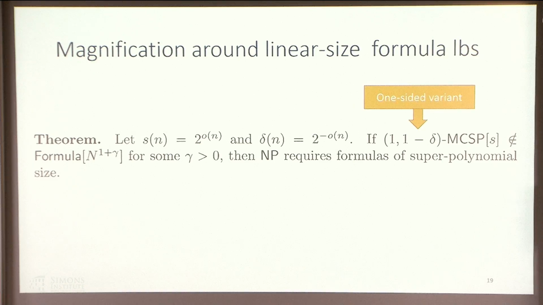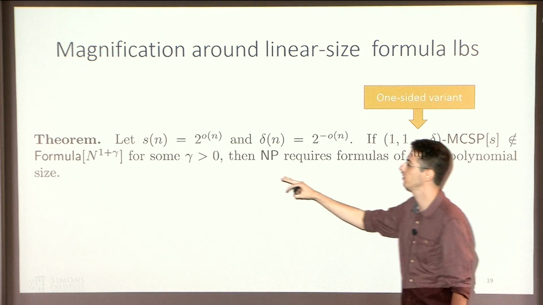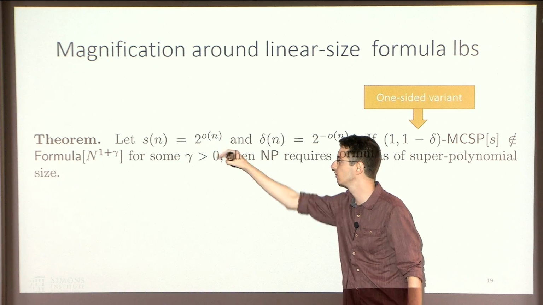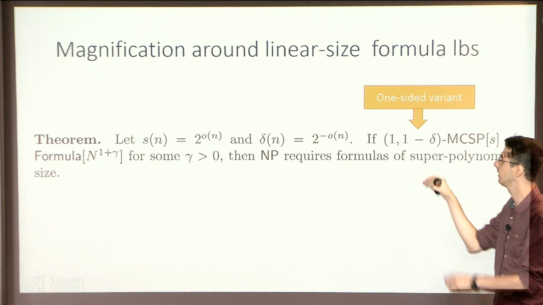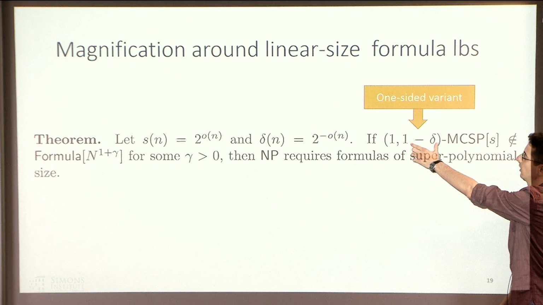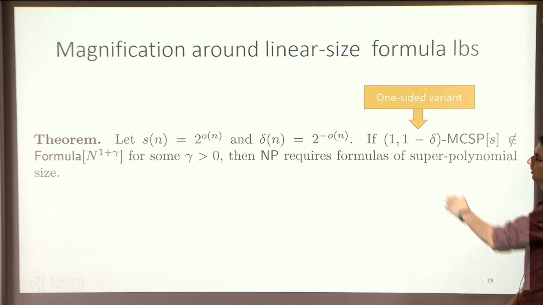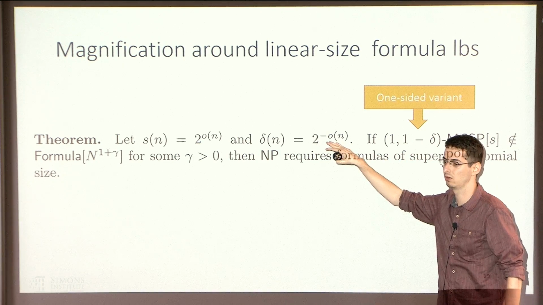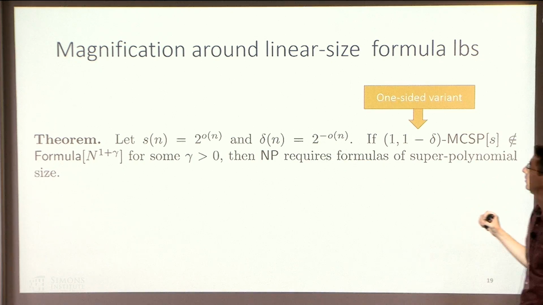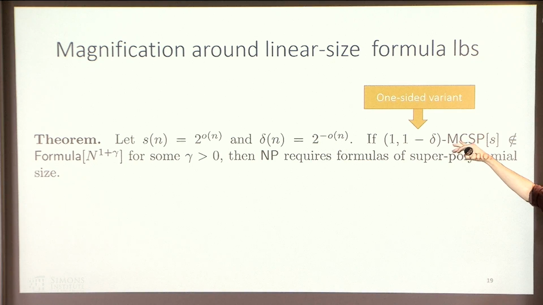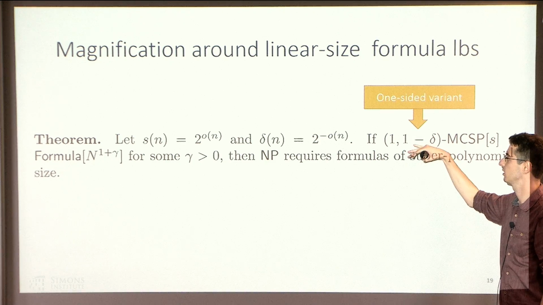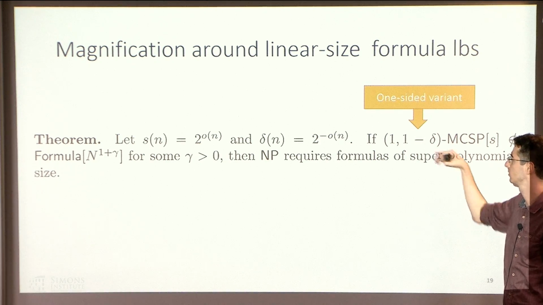Okay. Now our theorem here is the following. Let's pick the size parameter for MCSP to be 2 to the power of little o of n. And let's pick the average case hardness parameter to be 1 minus delta, where delta is exponentially small. Okay. So this is almost MCSP, except that the no instances cannot be, let's say, 0.99 approximated by a small circuit.